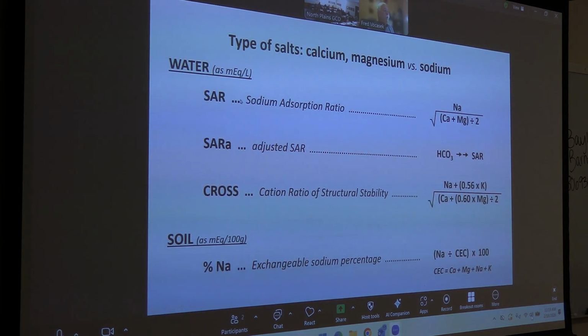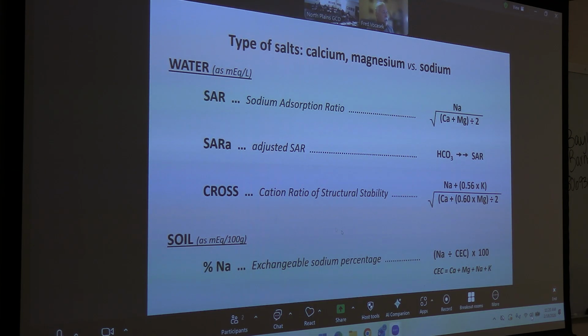And there are measurements we look at. In water, you'll see a sodium absorption ratio, an adjusted sodium absorption ratio. And for wastewaters, we have started to use a measurement called CROSS, calcium ratio of structural stability. And here are the calculations. With these measurements, we're trying to predict something in the soil. When you have a soil sample, you may see percentage of calcium, magnesium.